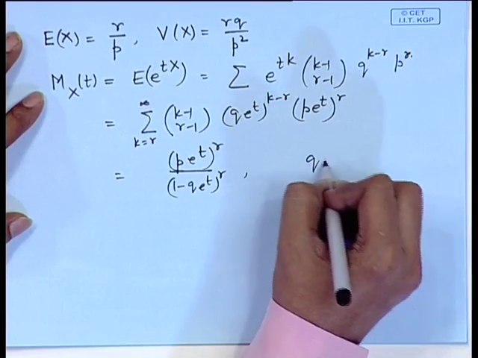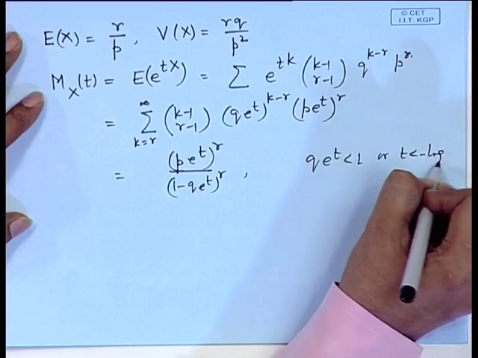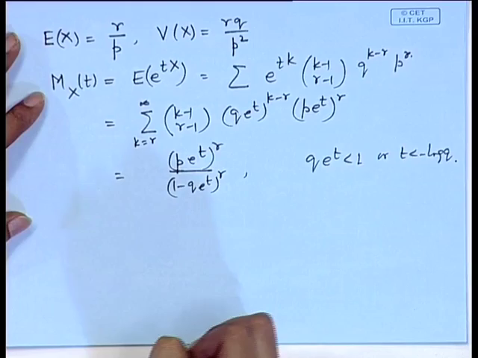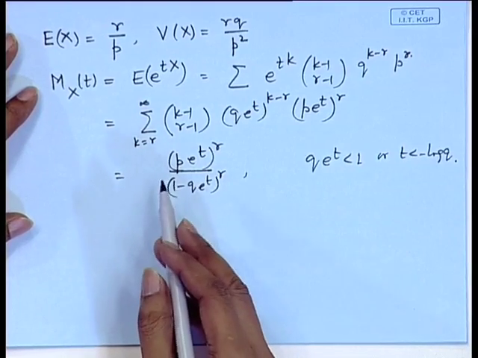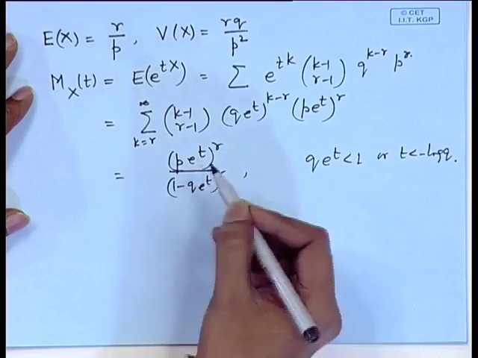This is valid for q e to the power t less than 1 or t less than minus log of q. So, if we are looking at r equal to 1, this reduces to the geometric distribution.